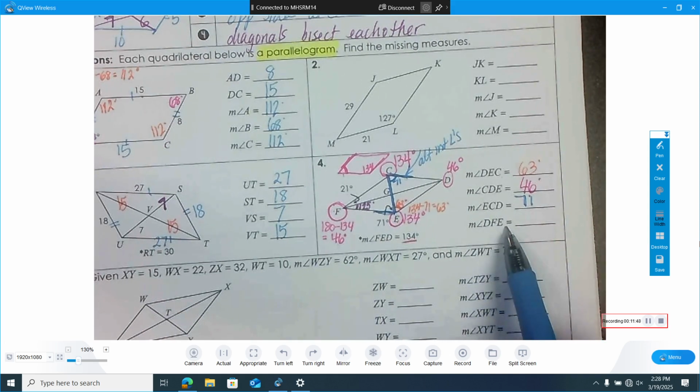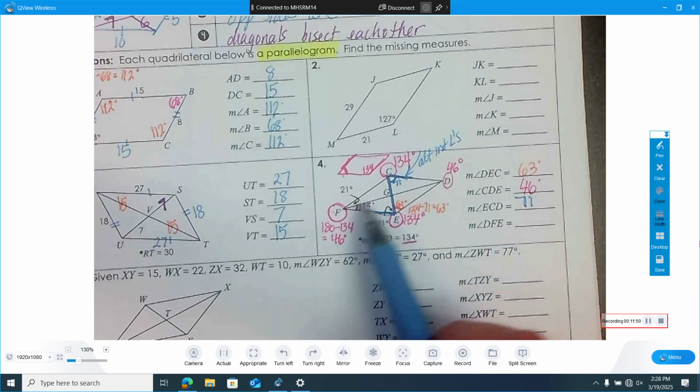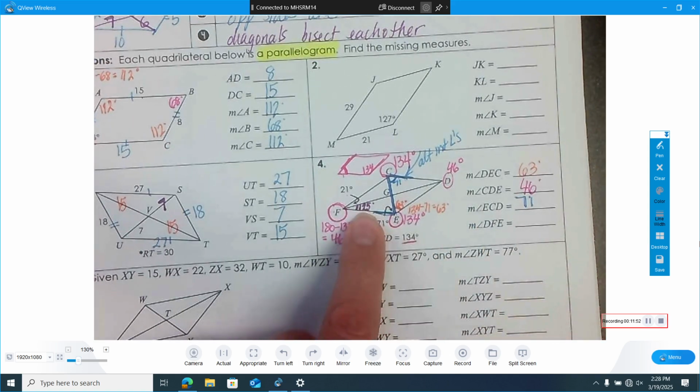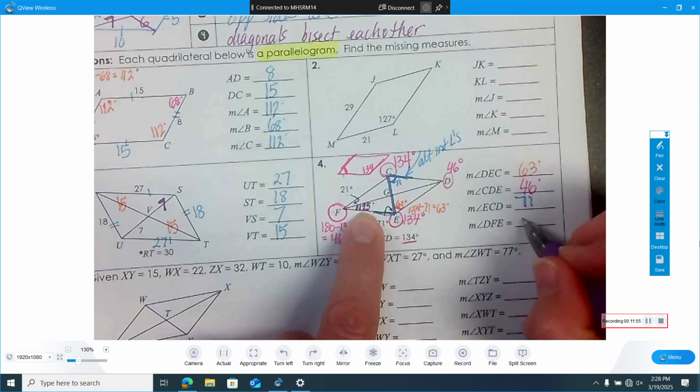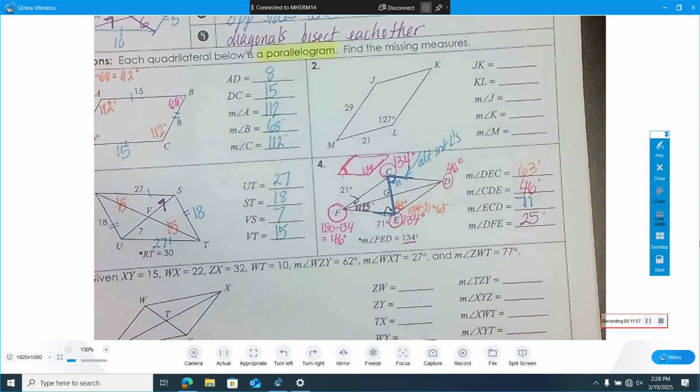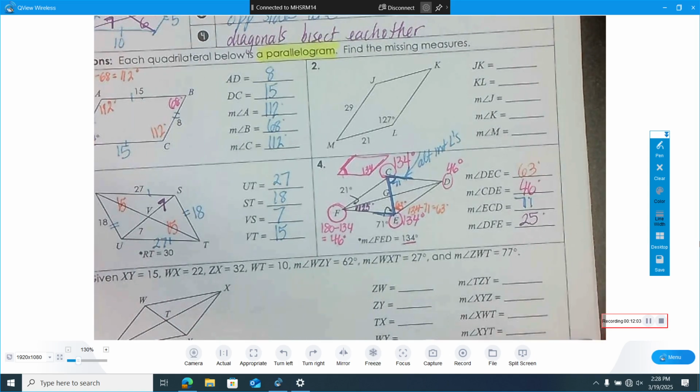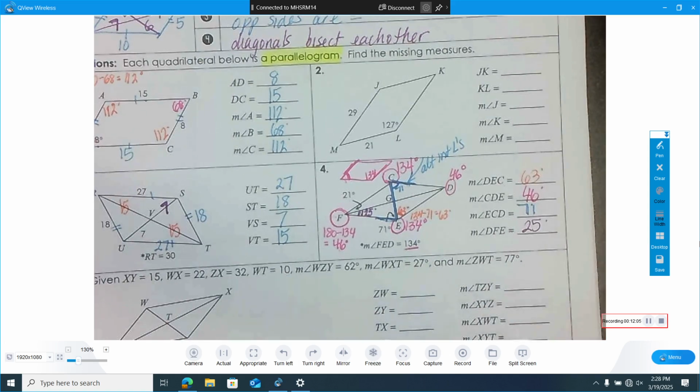All right, and DFE. DFE is my purple right here, which we said was 25 degrees. Okay. All right, questions on that one? There's a lot going on in that picture. Okay, let's turn the page.